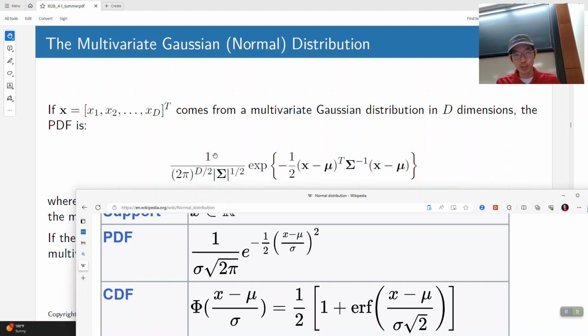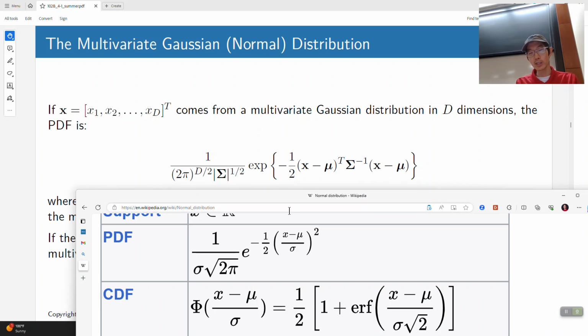And then similarly over here, we have 1 over 2 pi to the d over 2, d being how many dimensions we have. If it was 1 dimension, it would be root 2 pi, but as we have higher dimensions, we have this. And then we have the determinant of the sigma matrix raised to the 1/2 power.